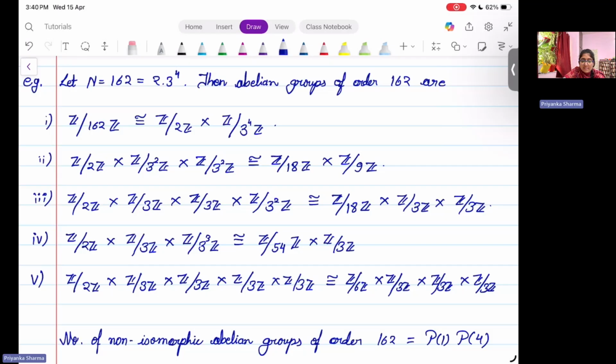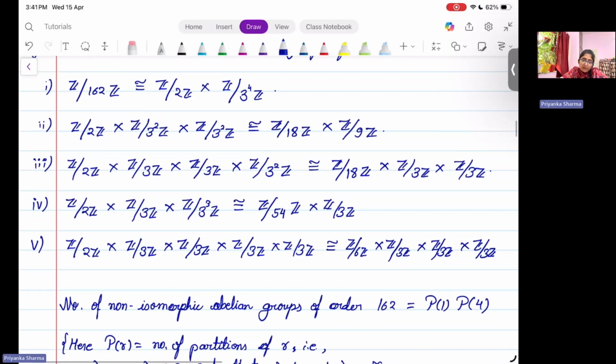Lastly, we can have Z mod 2Z cross Z mod 3Z whole power 4, that is Z mod 3Z appearing 4 times in the direct product form. Again, in all the last 4 factors, the power of 3 is the same, that is 1. So we can club only Z mod 2Z and Z mod 3Z, and that will be Z mod 6Z, and we have the remaining 3 factors as Z mod 3Z.